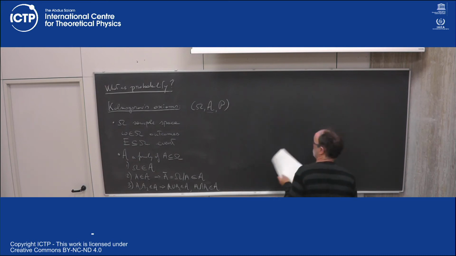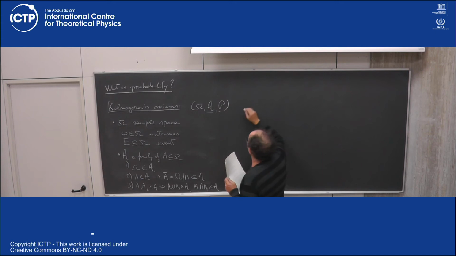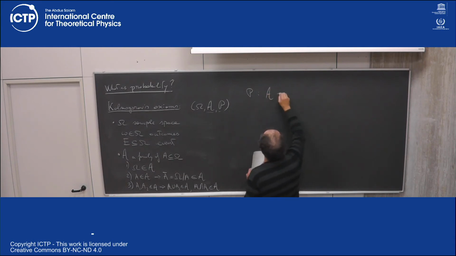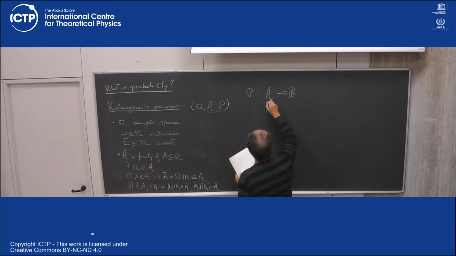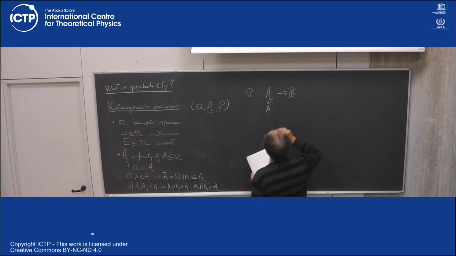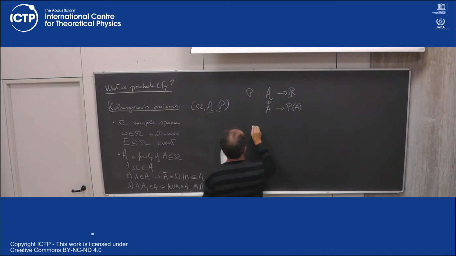Okay, the last element is P, and this is a measure. It's a measure which is defined on the family to the real numbers, and it associates to every set A that belongs to it a real number P of A, and this satisfies three properties.